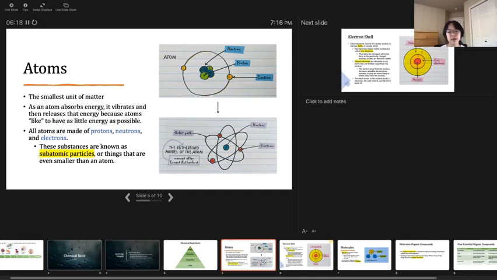This is because as scientists slowly began to understand how atoms were structured, they noticed that the electrons move crazily around the center. They move around really quickly in these orbits. So this is a more accurate diagram of an atom.